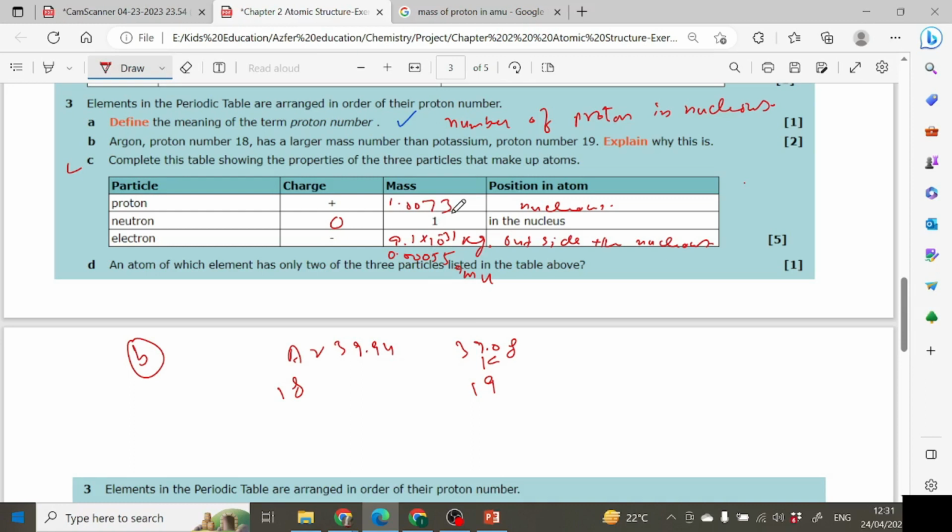Okay, so this answer of the student is also correct.